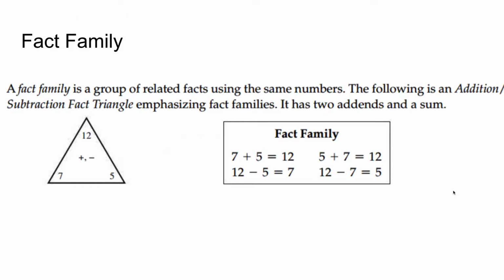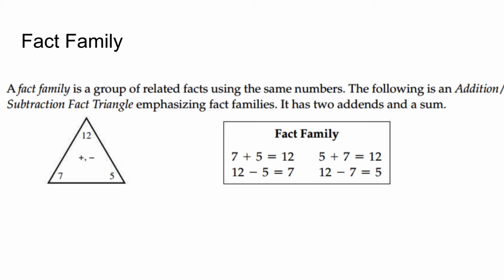Fact family is a really fun thing that you can use, because you can use fact families for addition and subtraction and multiplication and division, right? So fact family is something very useful for students to remember, but you don't have to force them to remember that.